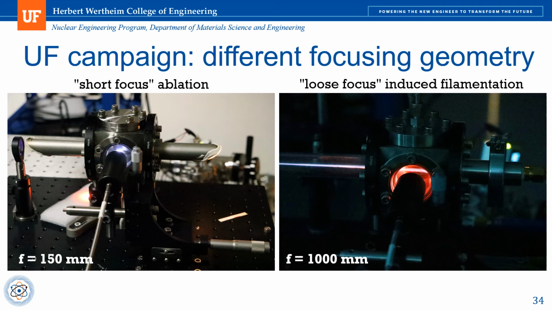So using a 15 centimeter lens to focus tightly the nanosecond or femtosecond light down to a point, or use a loose focus like a 1 meter focal length lens, to induce a filament to form at a position where we want to collect emission light from.